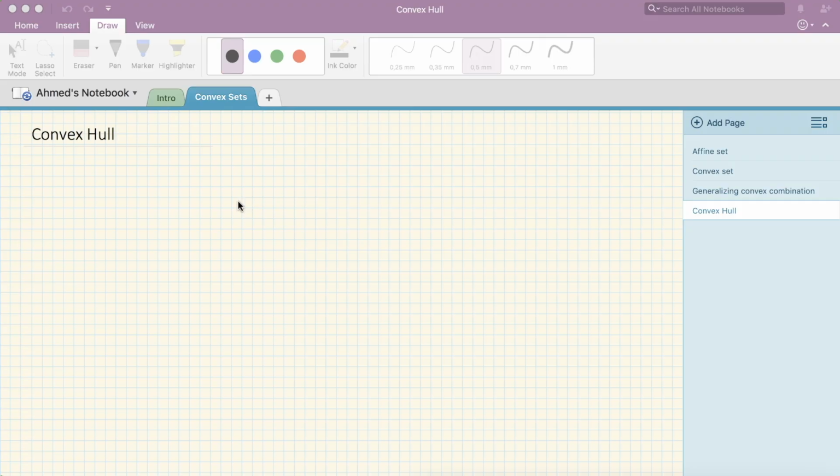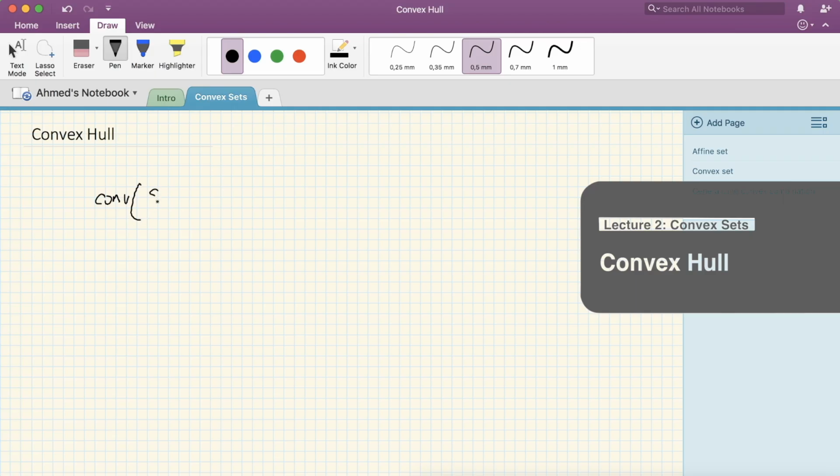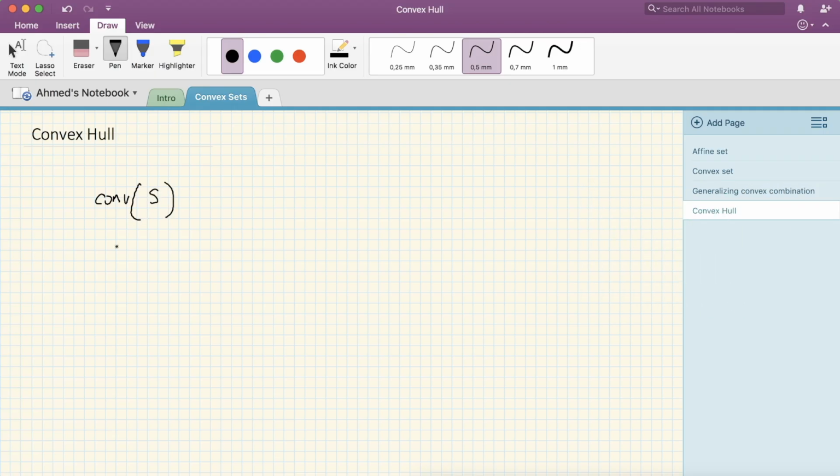Now that we defined what a convex set is, then we can now define what a convex hull is. So a convex hull, which is also denoted as conv of a set S, it's an operator. It takes a set and it will return something. What will it return? It's also going to return a set, but which set?